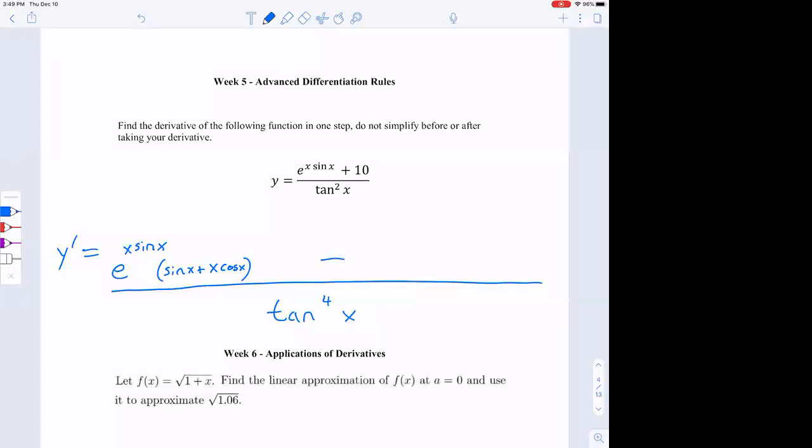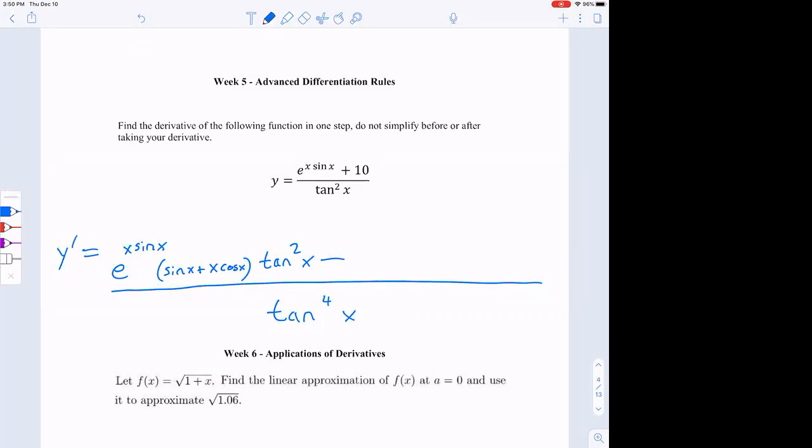Okay, so then multiply by the denominator, right? The plus 10, its derivative is 0, so that part goes away. You could write plus 0 if you like, but I'm going to run out of space if I do that. So multiply by the denominator, which is tan squared. The bottom gets multiplied, and then we do it the other way around, right?